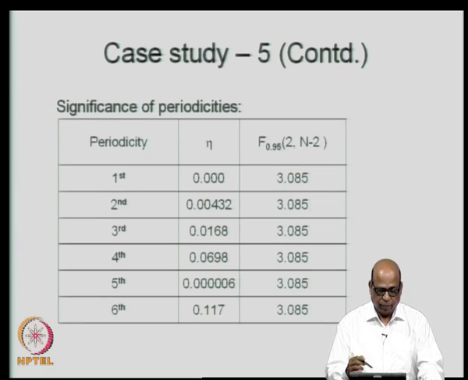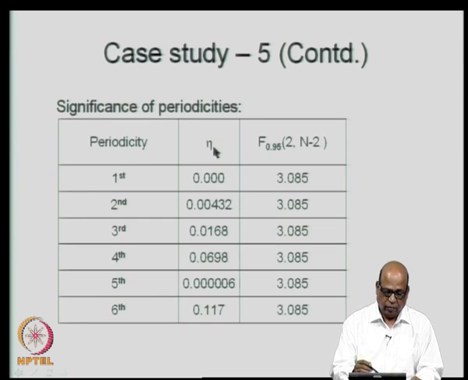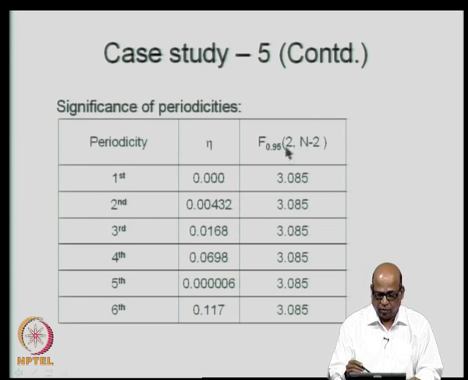Then we look at the periodicity. Again, the first test of the periodicity, this is not the cumulative periodogram test. This is the first test that I introduced in the last lecture, where you look at the statistic eta and then compare it with the critical value of the f statistic with 2 degrees of freedom and n minus 2.